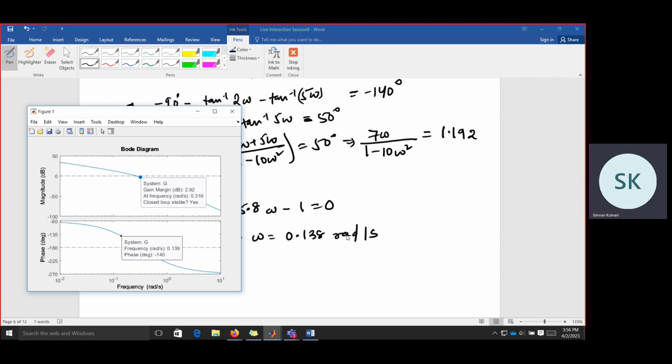gain crossover frequency. Now, at this point, what is the gain that we have to see? Because at this frequency, this magnitude plot should have 0 dB, or this magnitude should be 1. So that much attenuation has to be provided.